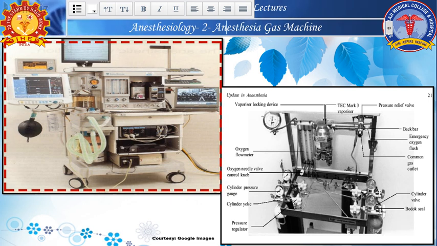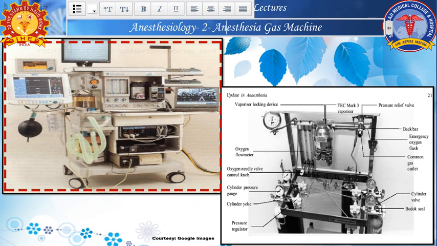In fact, now we call it the anesthesia workstation. So that contains not only the anesthesia gas machine, which is the basic, to provide the anesthesia gases and then other additional agents. In addition to that, we have the anesthesia ventilator, which pumps the gases to the patient's lungs, and then the monitors, many things like that.